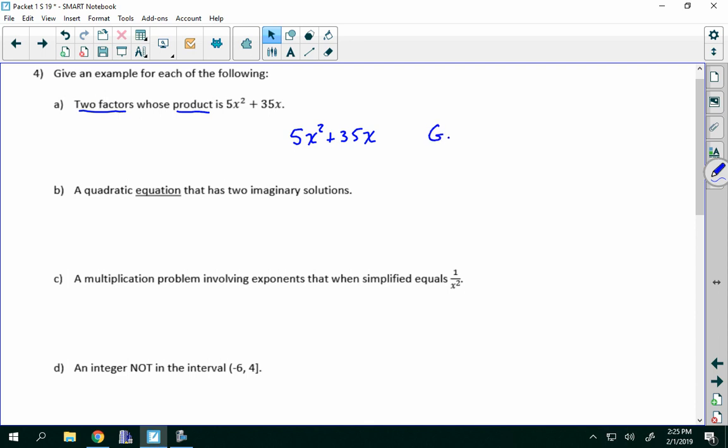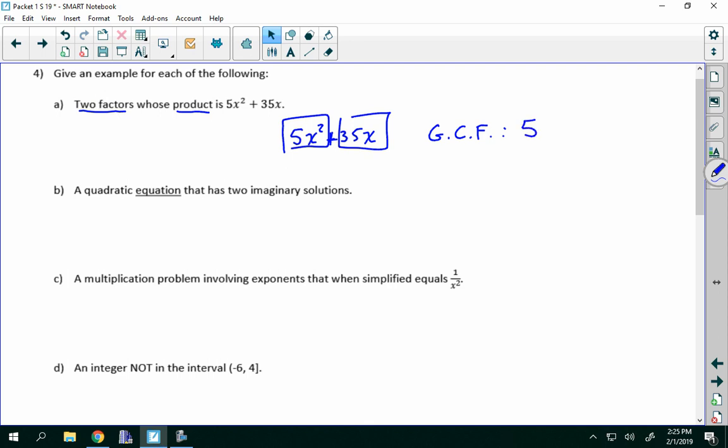The first form of factoring you always check is the greatest common factor. Is there a greatest common factor to each one of these terms, which are the pieces of an addition and subtraction problem?